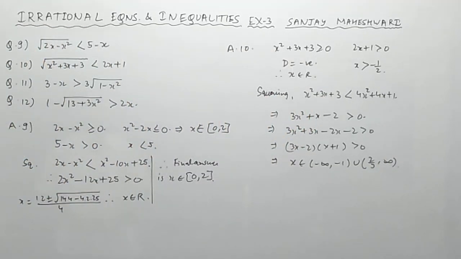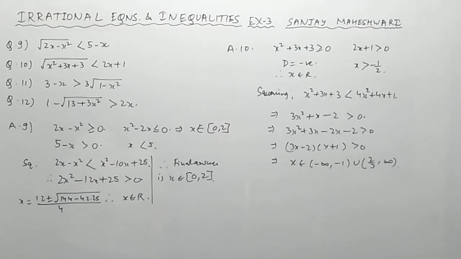So you can see that the first condition is x belongs to R. The second condition is x is greater than minus 1 by 2. And the third condition is 3x minus 2 into x plus 1, that is minus infinity to minus 1.